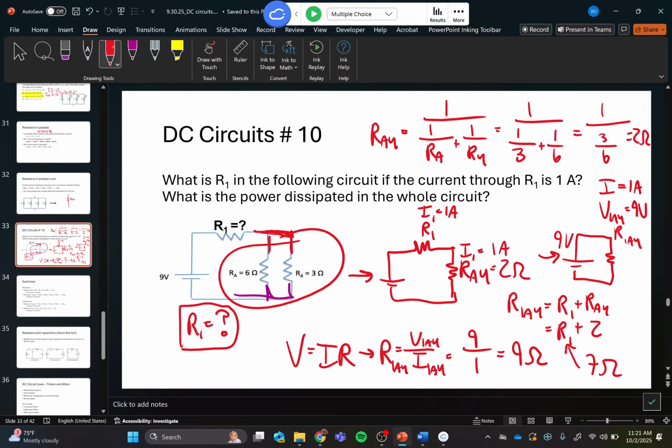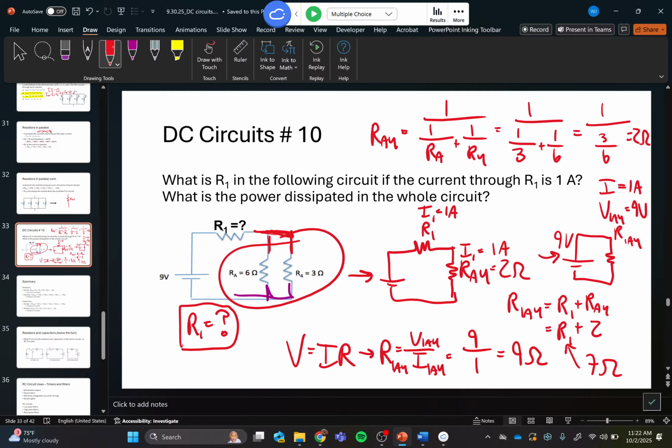How, in the R84 calculation, were you able to bring that big one up top? Yeah, that's a great point. How did I know that the 1 amp went here? He's asking how it is 1 over RA.